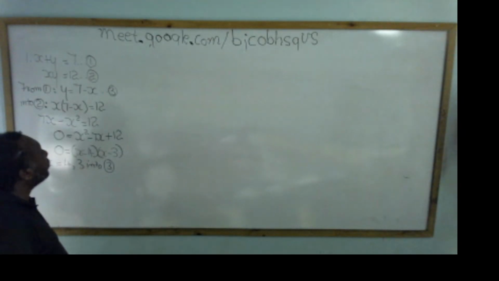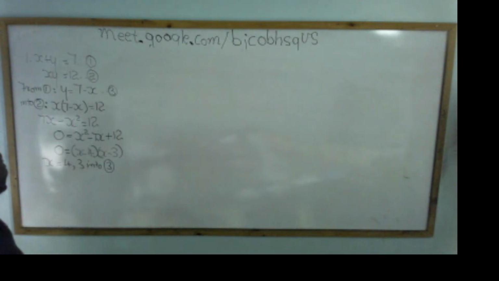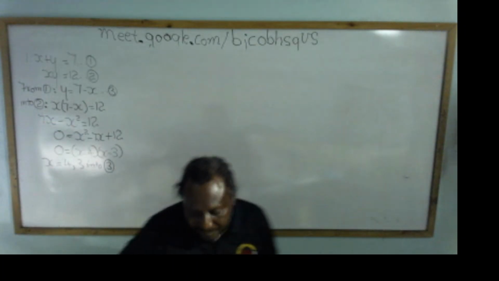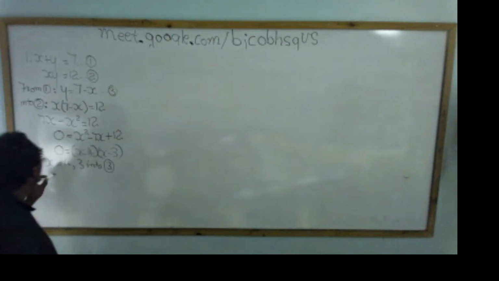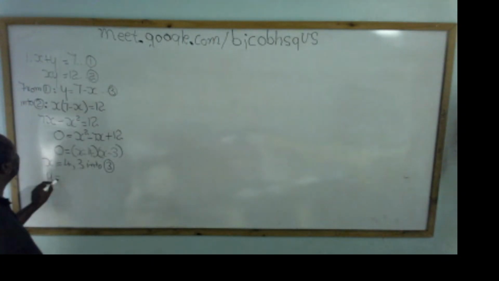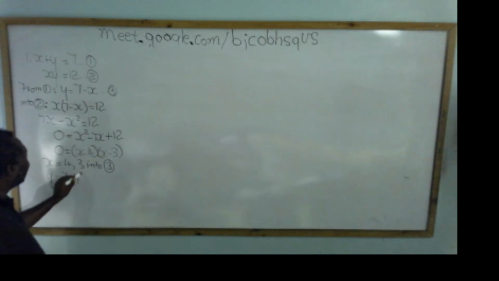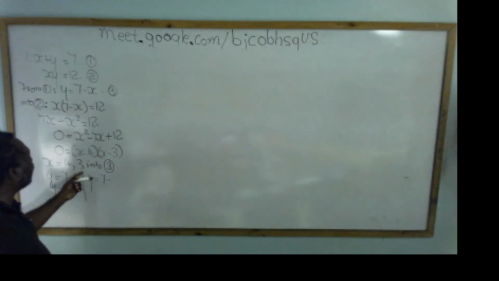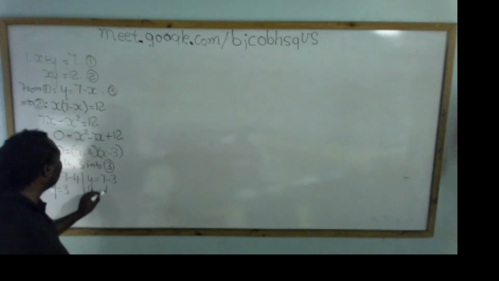Now, notice that we have two values for x. Therefore, we should have corresponding values for y. y is equal to 7 minus x, which on this occasion is 7 minus 4, so y is equal to 3. Then y is equal to 7 minus 3, so y is equal to 4.